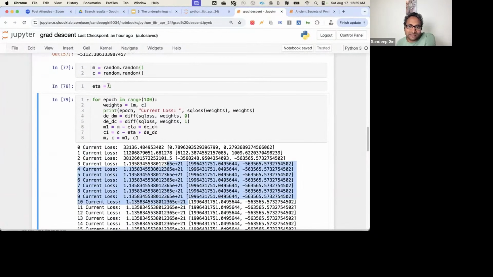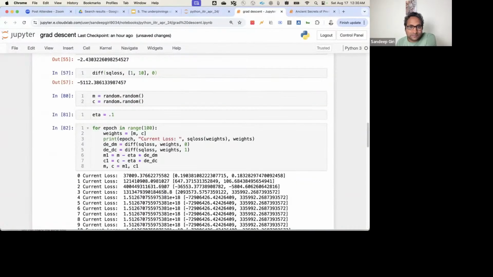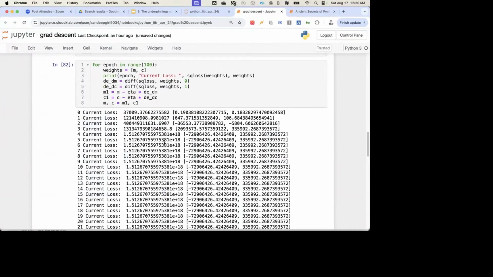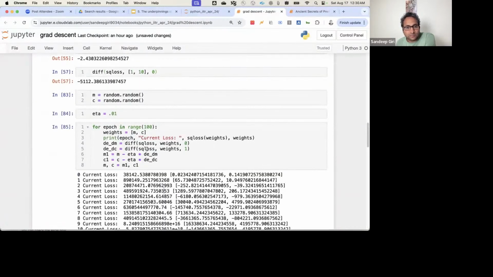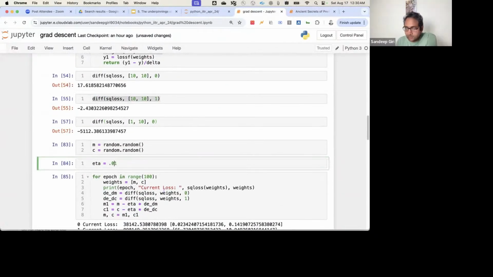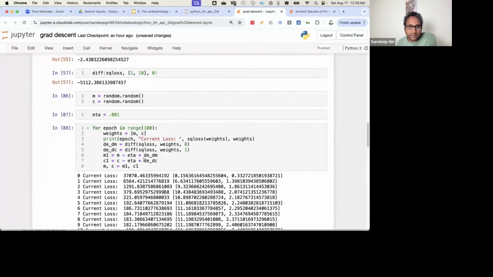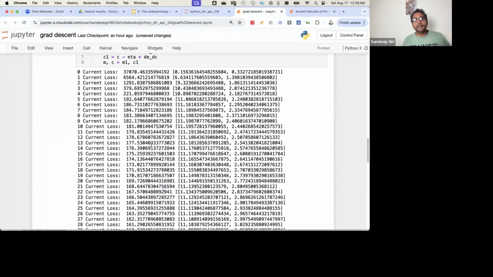Okay, let's go with 0.1. 0.1 is still bouncing, it's increasing a lot. 0.01, let's test it out. 0.01 is still bouncing. Now, 0.001 is okay.